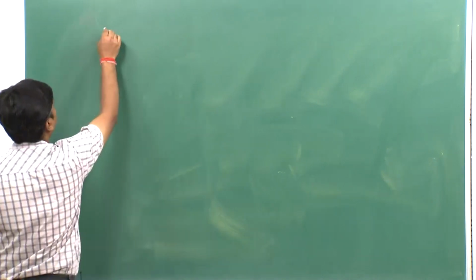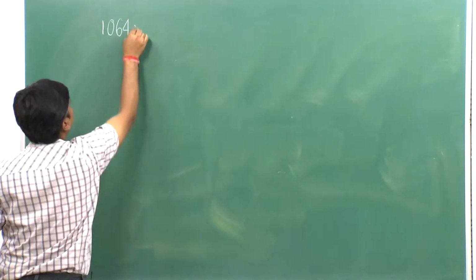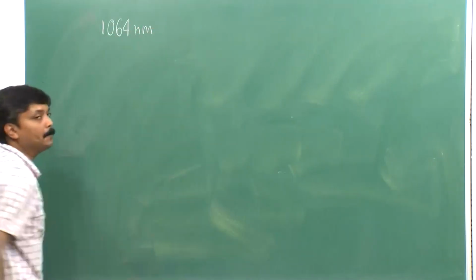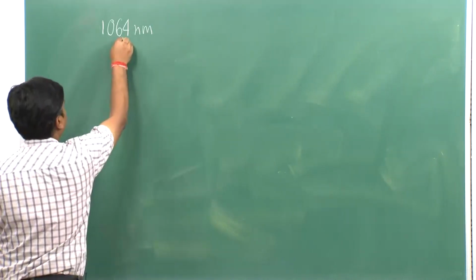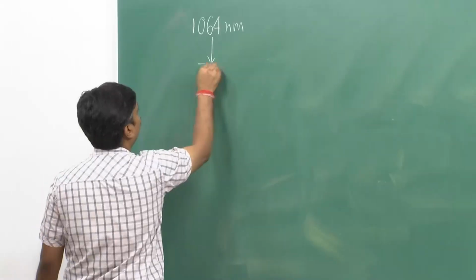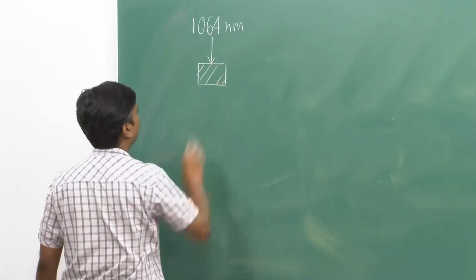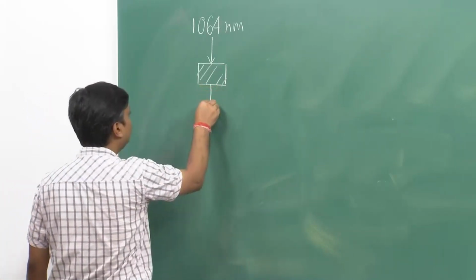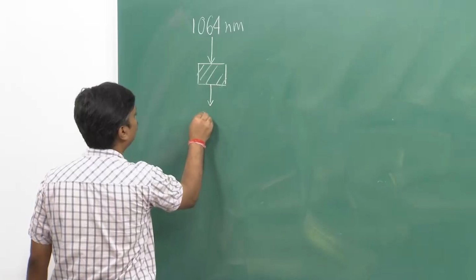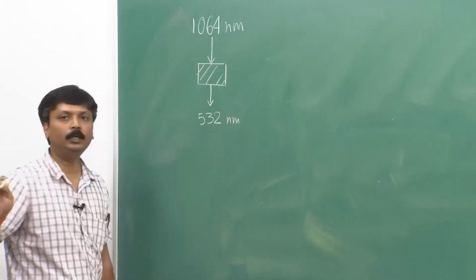So, suppose I start with 1064 nanometer, and I send this light through a crystal, which is a nonlinear optical crystal, then what will it do? It will give 532 nanometer due to SHG.